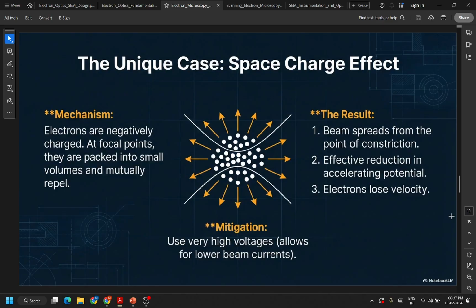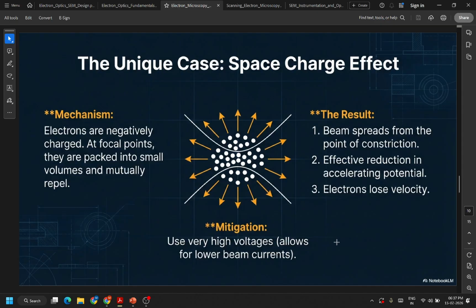Only in electron optics it exists. At the focus point, the electrons are closely packed and they are mutually repelling each other. So the electrons will start spreading at the point of contraction, and this will effectively reduce the accelerating potential, and the electrons will lose velocity.